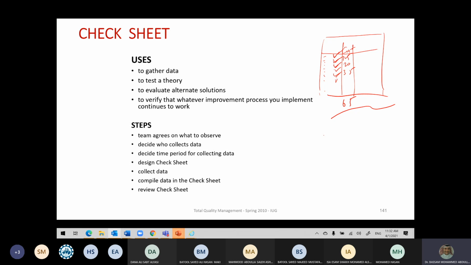The check sheet also has, if you go to do some kind of a car service where you're going to leave your car, you will find within the check sheet they also put some marks on that car: there's a scratch here, there's a bent part here, a dent, there's another scratch here, the window is broken.